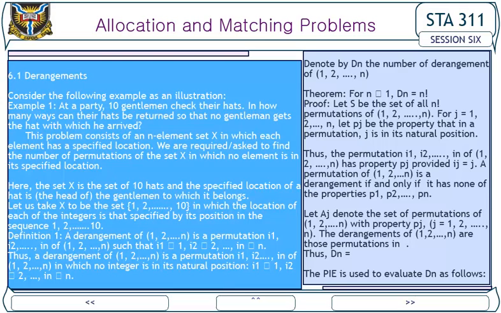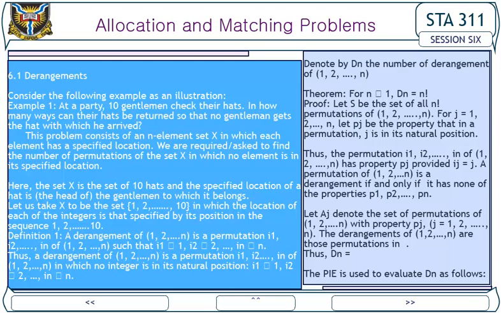Proof. Let S be the set of all n factorial permutations of 1 to n. For j equal to 1 to n, let Pj be the property that in a permutation, j is in its natural position. Thus, the permutation i1, i2, ..., in of 1 to n has property Pj provided ij is equal to j. A permutation of 1 to n is a derangement if and only if it has none of the properties P1, P2, ..., Pn.